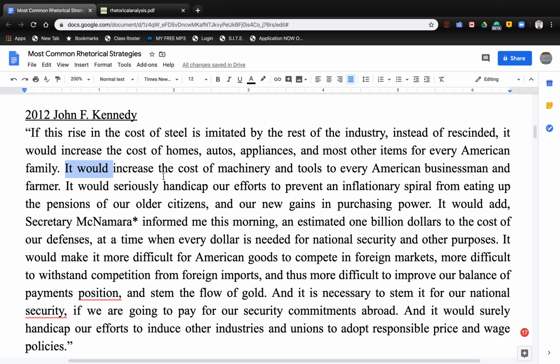It would, it would, it would, and so on. Now, these are examples of devices, but what we're looking at here is the overall strategy. And the strategy here, overall, again, could be a cause and effect or interchangeable with a problem solution. The point is, you have to identify the overall strategy.